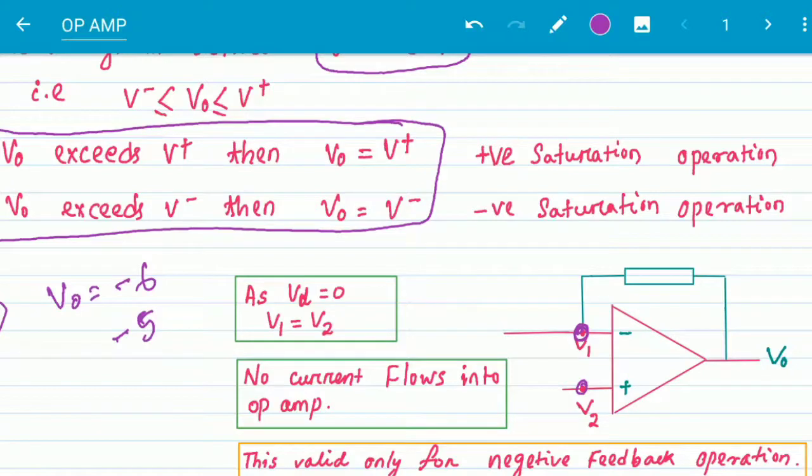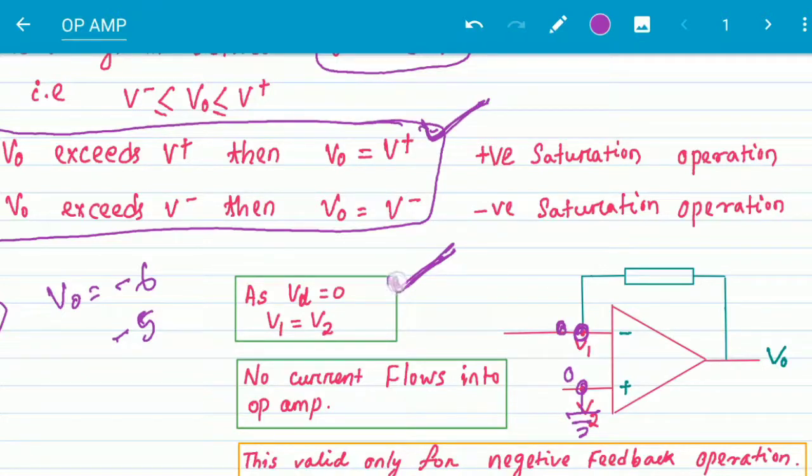This is one thing we have to consider to solve problems. First thing is this one, second thing is this one, and if V2 is connected to ground, then this voltage will be 0 and this voltage will be 0. So this is called the virtual ground concept. Equal voltage appears at the inverting and non-inverting terminals.